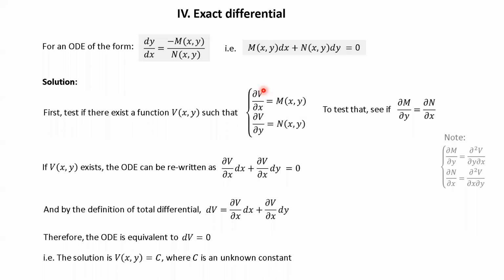The solution of this equation is that V is a constant. The solution is the contour line of that function.